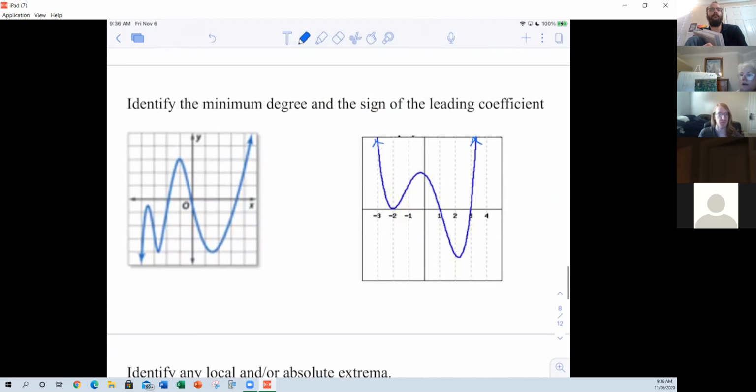Okay, so here, identify the minimum degree and the sign of the leading coefficient. All right, so I always do the leading coefficient first because it's easy. All you have to do to find the sign of the leading coefficient is to look at the very tail end, and whichever way it's going, that's the sign. So what's the sign of the leading coefficient on this first one?